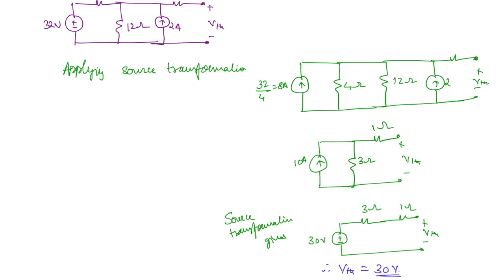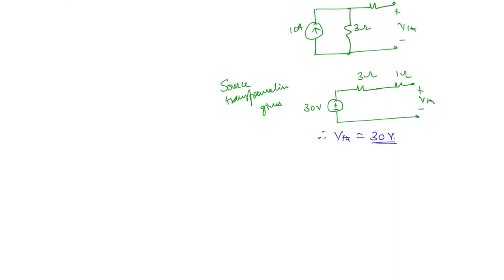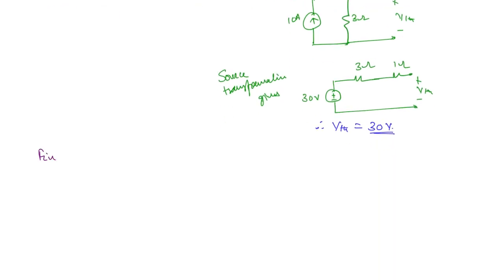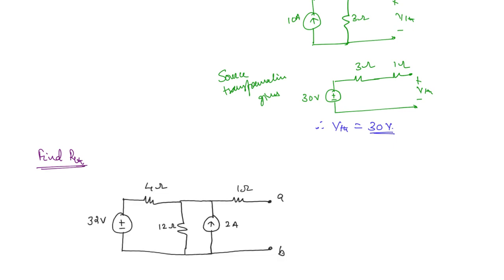Next, what we have to find? We have to find the Thevenin resistance RTH. This was the original circuit. Now you have to replace the independent sources with their internal resistance. Since nothing is given, we can consider them to be ideal sources. So this should be shorted and this should be open circuited.